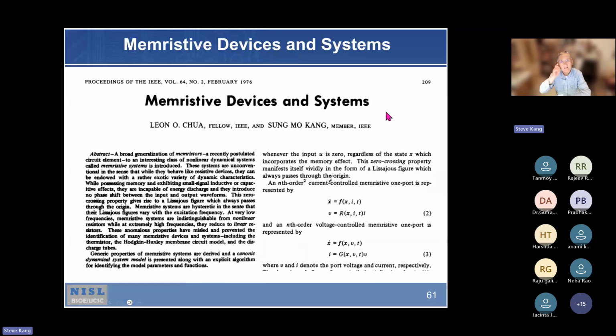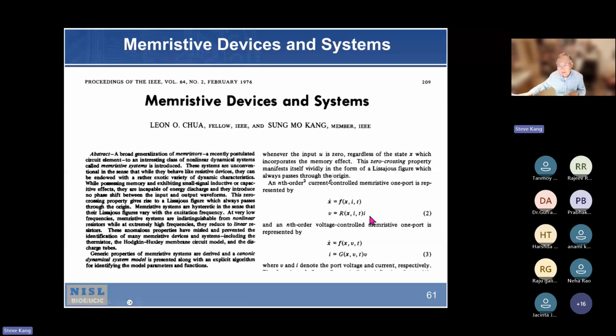And then the next year, I joined Professor Chua's group, and we worked on generalization of the so-called ideal memristor, and introduced the concept of memristive devices and systems. And that was published in February 1976.